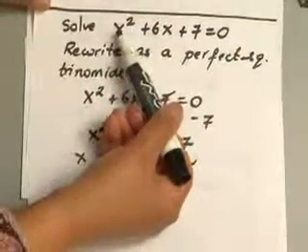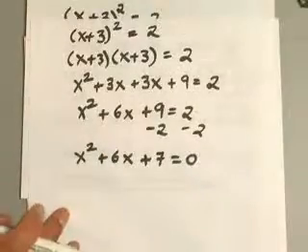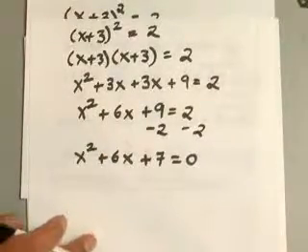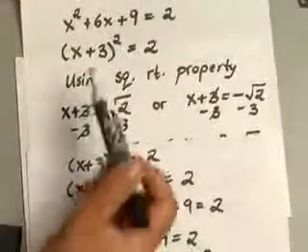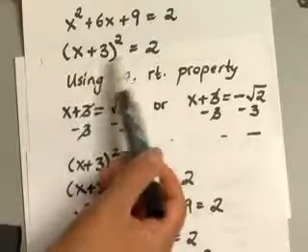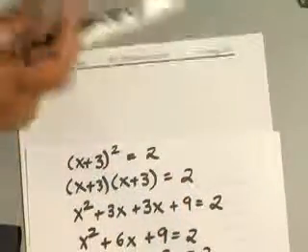So x squared plus 6x plus 7 equals 0, and that's what your original problem was. As I said, we're not changing the value of the equation, we're just changing the form of the equation so that we can write it in this form and then use the square root property to help us solve the equation.